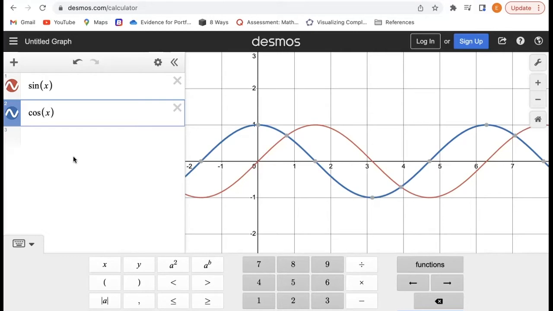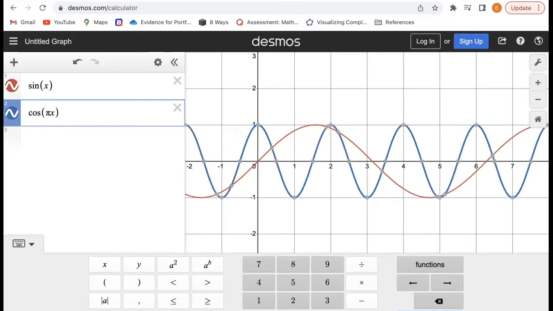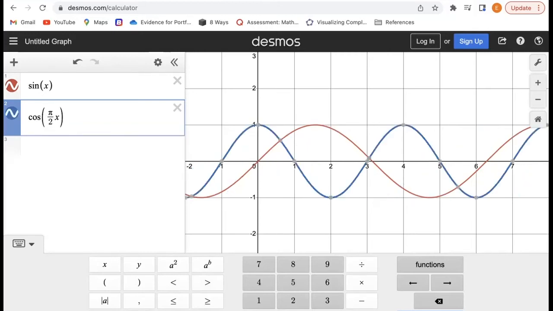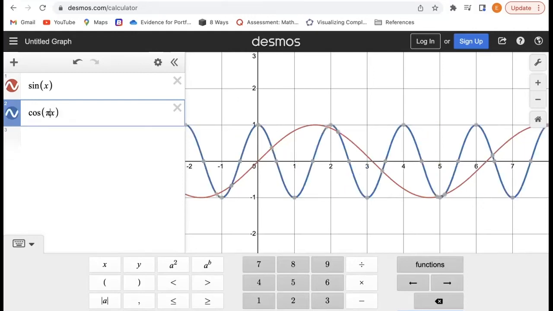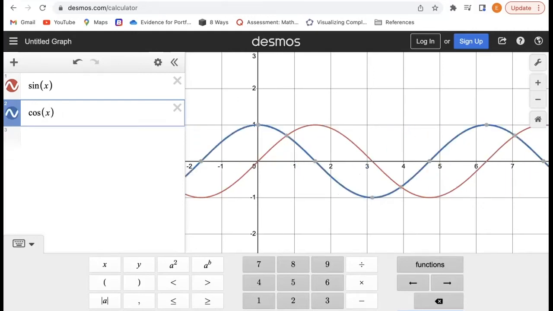Now, we'll look a little bit more at this idea of a phase shift when we look at trig graphing. However, for now, just understand that if I add something like pi divided by 2 to my angle, I'm going to change the phase. I'm going to shift my graph to the left or to the right, depending on if I'm adding or subtracting. So let's first look at this idea of 90 degrees out of phase.